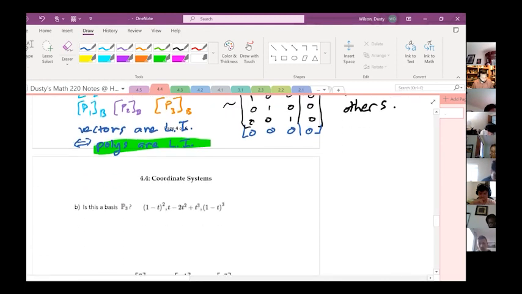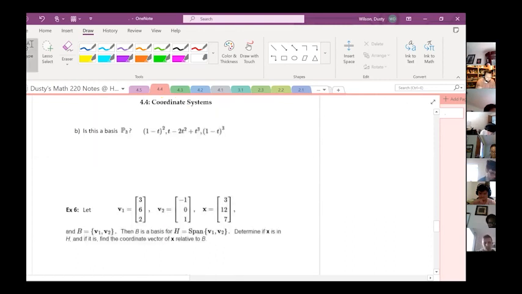So we learned that they're linearly independent. The next question is, is this a basis for P3? Why not?